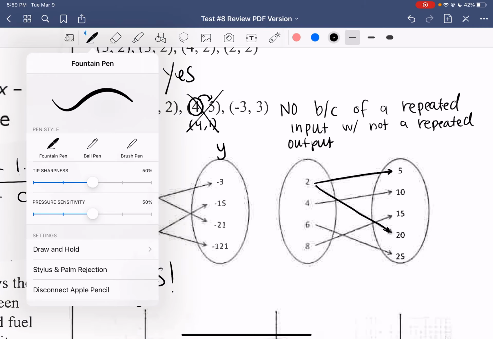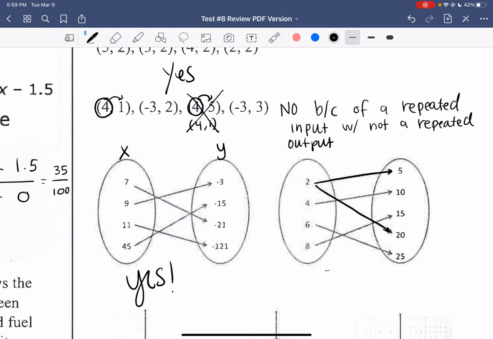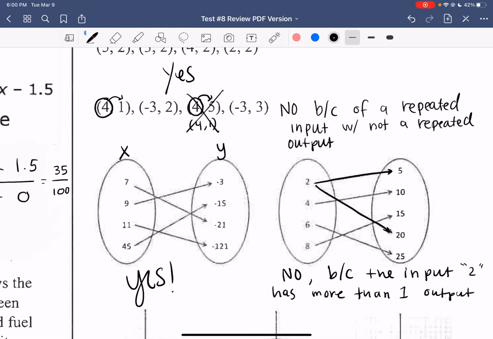So this is where we have to ask ourselves, okay, is this a function or not? And because 2 has 2 different outputs, we can say it's not. No, because the input 2 has more than one output. Okay?